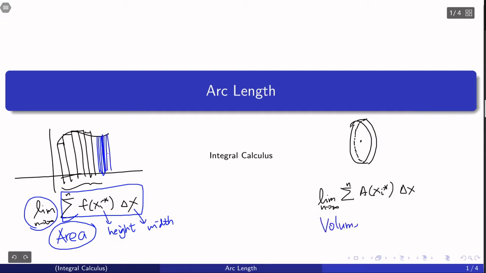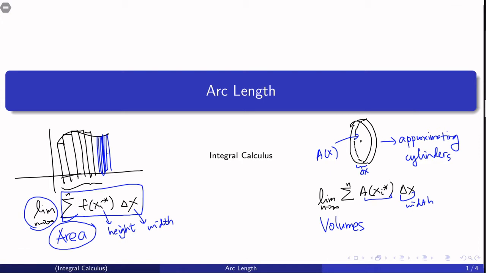A second application was that of volumes. And we also said that in order to compute the volume of a solid figure, we actually just need to know what the cross-sectional area is, right? Because now we're using these approximating cylinders, each of which has volume, area of the base, times the width of your subinterval.